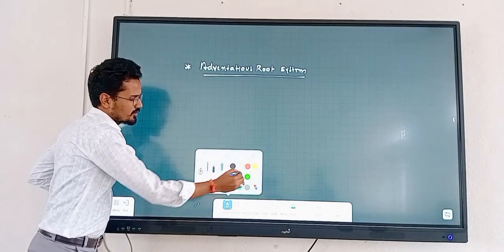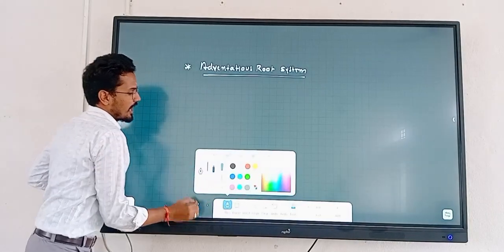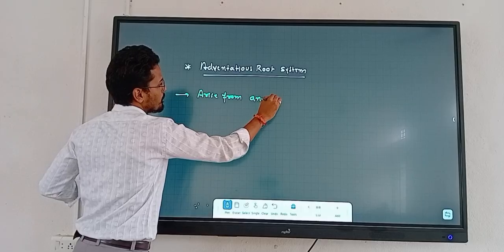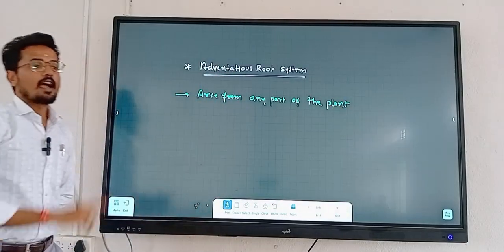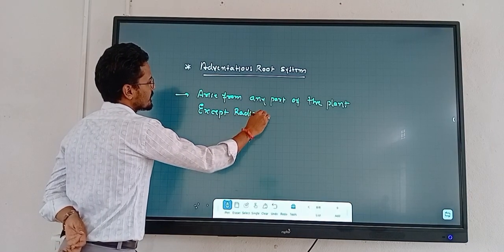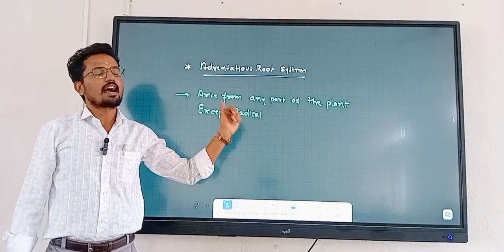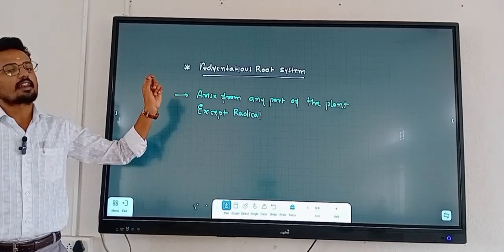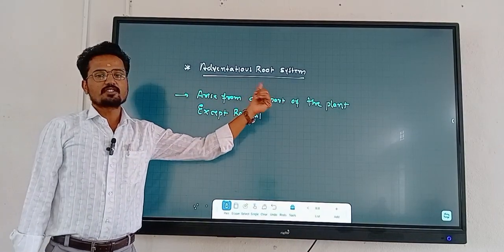The adventitious root system arises from any part of the plant except the radicle. The taproot system and fibrous root system arise from a radicle, but the adventitious root system arises from any part of the plant except the radicle.